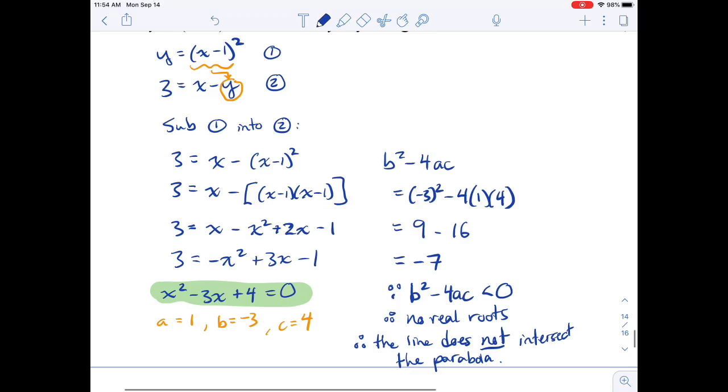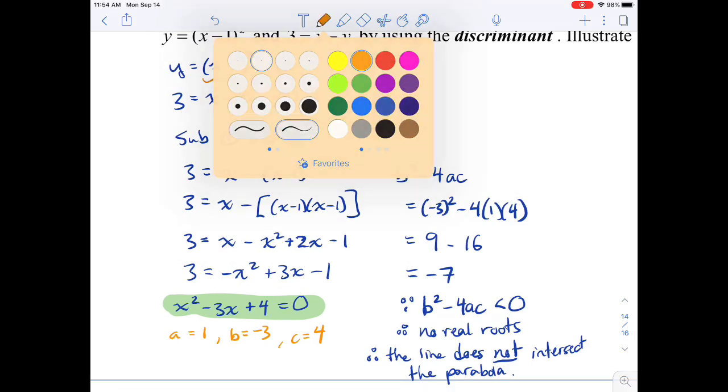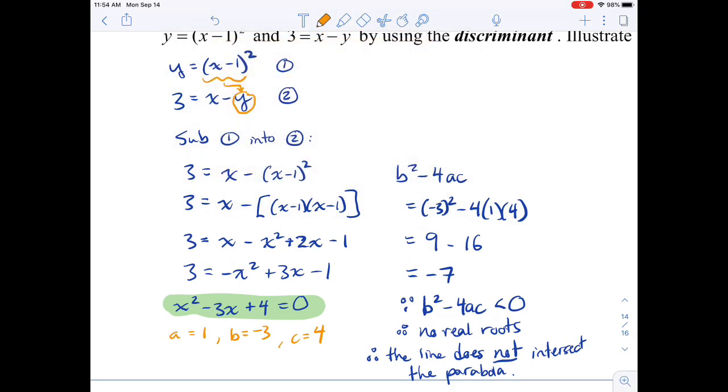But I'll also just make a note that when you do go to graph, equation 1 is pretty straightforward using vertex form graphing, but when you do equation 2, remember that's a linear equation, you're going to want to rearrange it to graph so that it's y equals x minus 3. So if you rearrange that equation so that the y is all by itself, that puts it into slope-intercept form.